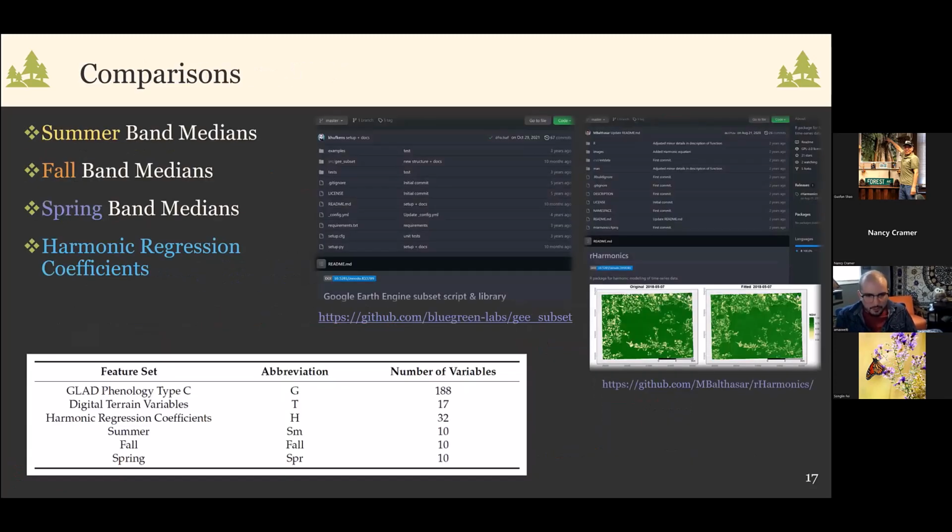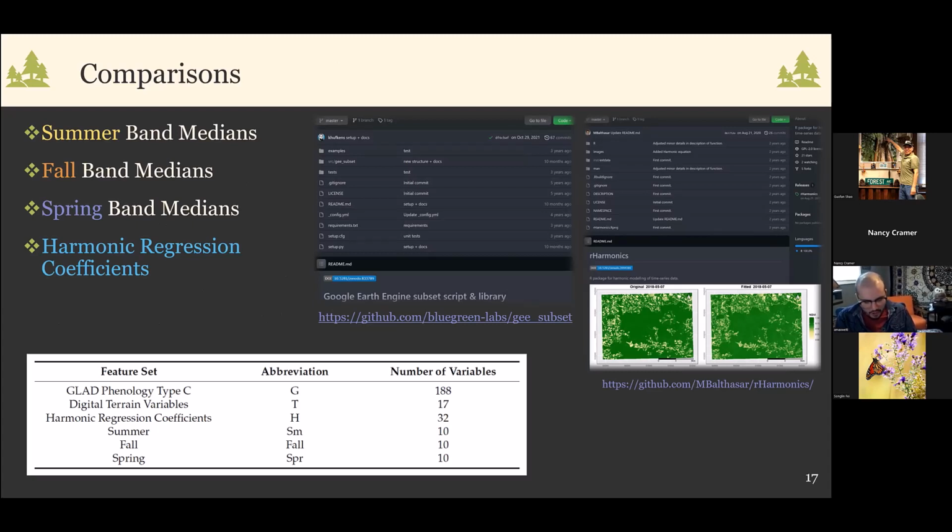We want to make some comparisons of how well these GLAD metrics will perform relative to other means to capture, summarize, or characterize the seasonality at a location. So we also calculated the summer band means for available summer images that were not cloudy at the pixel location. So we had summer, fall, and spring band medians.